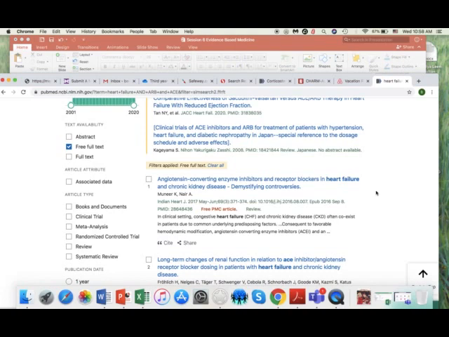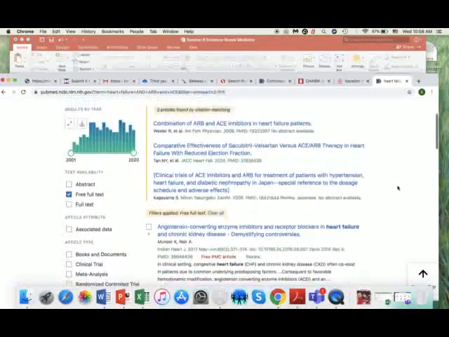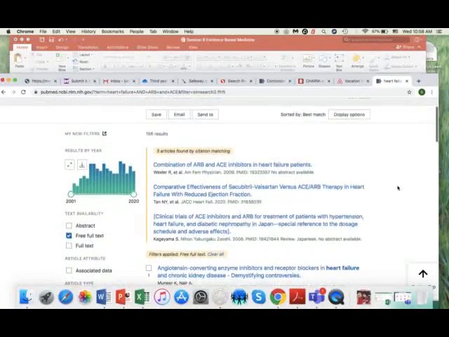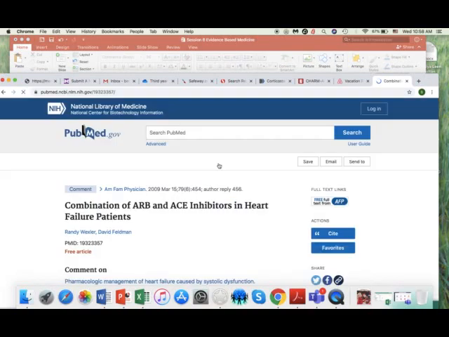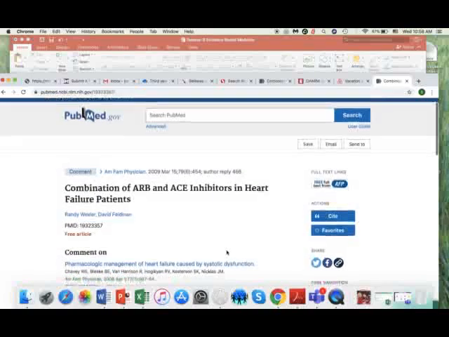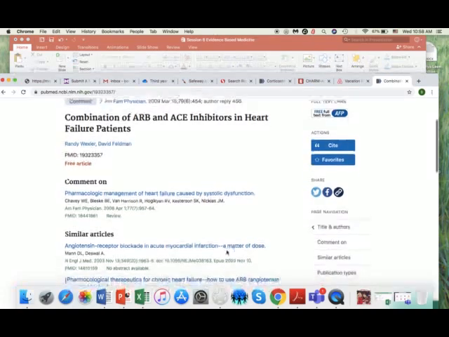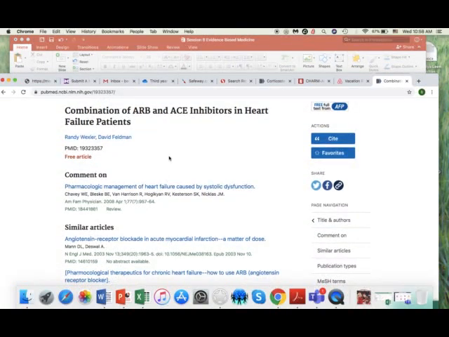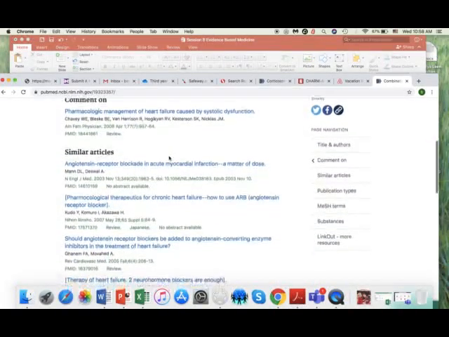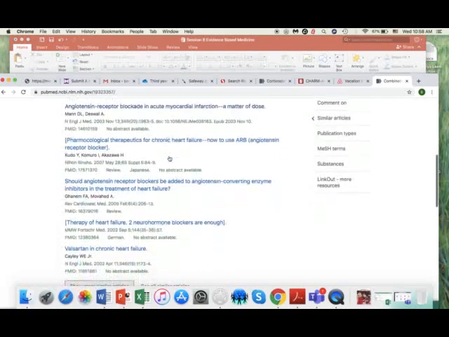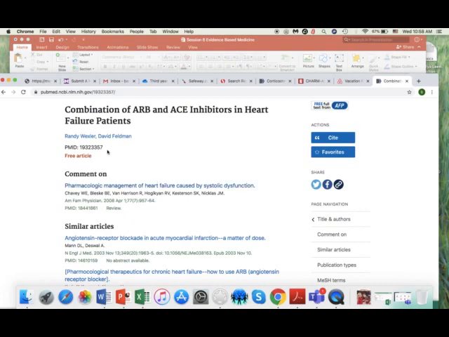So let's see. We can click on this article right here. And so here's just giving us other similar articles to this one.